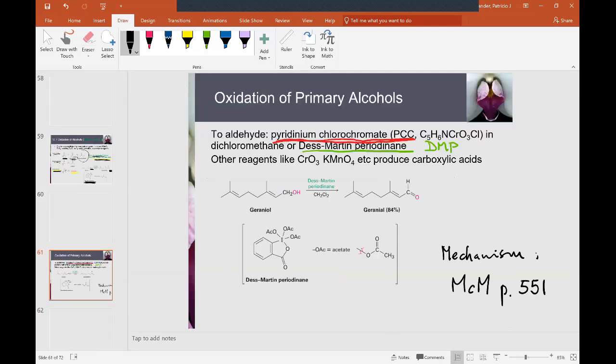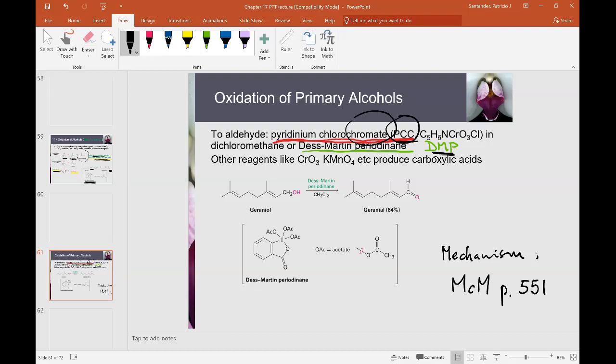There is another reagent that performs a similar function that goes by the name of pyridinium chlorochromate, PCC. In the older days, McMurry was using PCC, but in the last few editions of the textbook, he changed to DMP, the Dess-Martin periodinane. I will tell you the reason why. The reason is that PCC is a chromium compound.